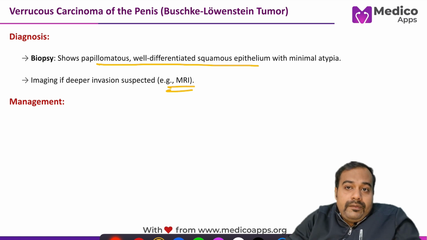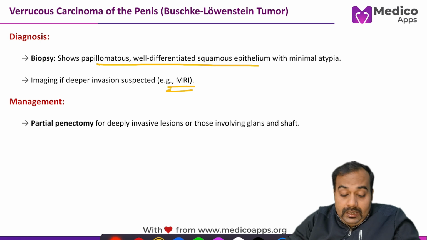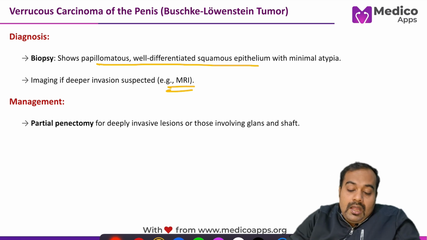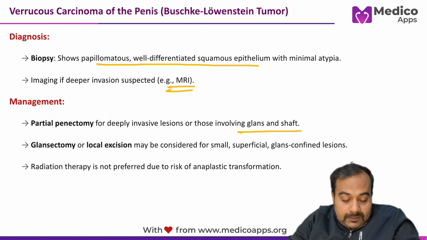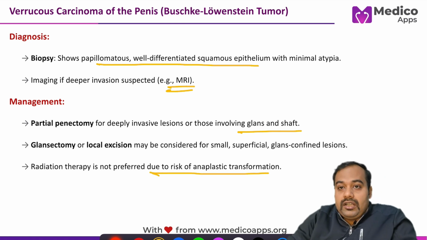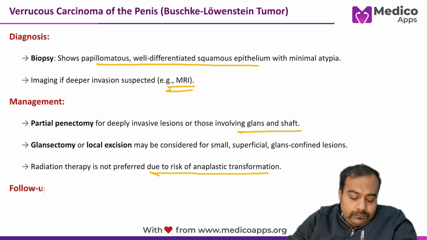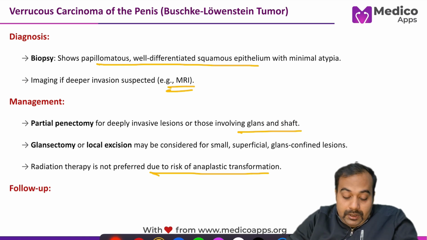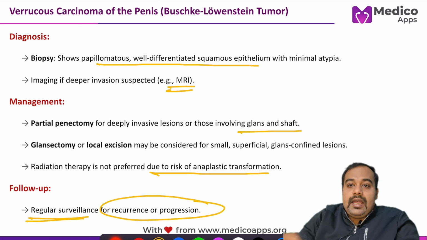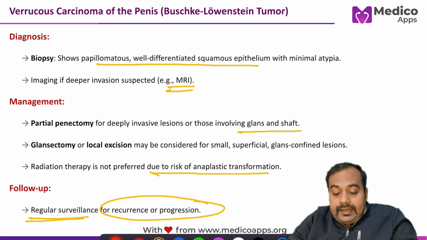In case of superficial, you can simply go for local excision or local resection, or a glansectomy can be done. In case of deeper tissue involvement, partial penectomy involving the glans and shaft can be done. Radiotherapy is not a preferred option due to the risk of anaplastic transformation. You have to follow up such patients with regular surveillance because of the chance of recurrence and progression of the disease.